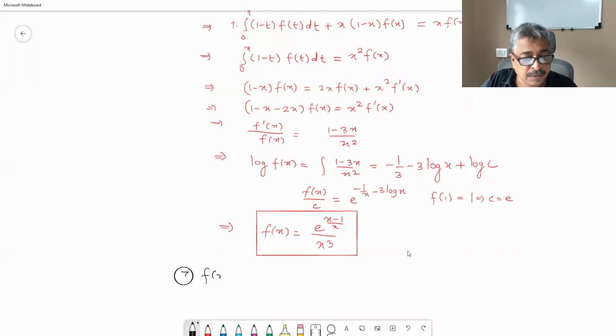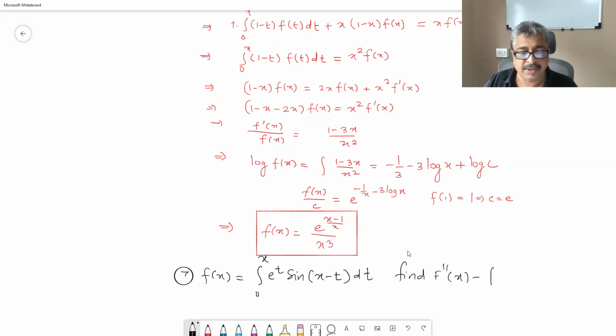F of x is equal to integral 0 to x e raised to t sine of (x minus t) dt. Find f double dash of x minus f of x. I mean, this f and this f are the same. F double dash of x minus f of x.